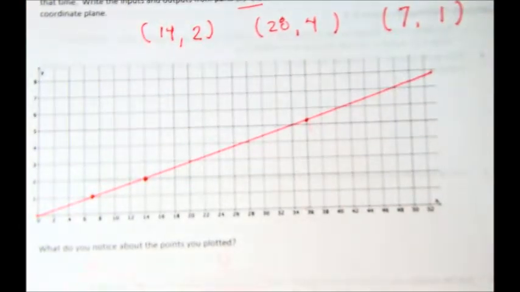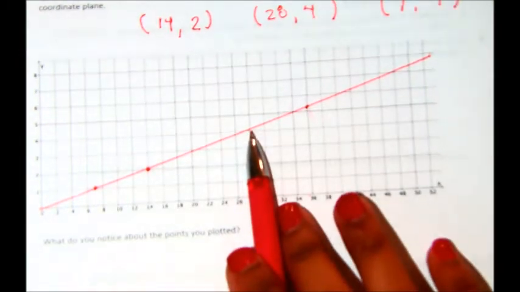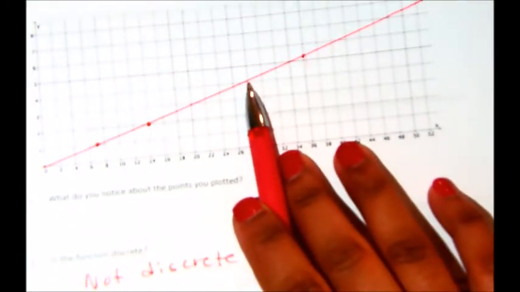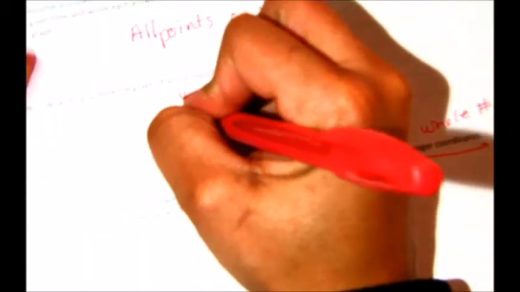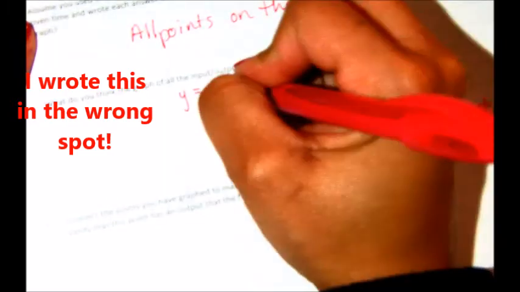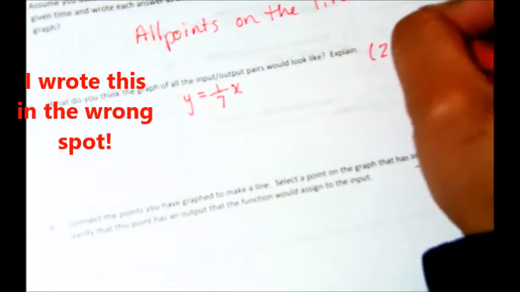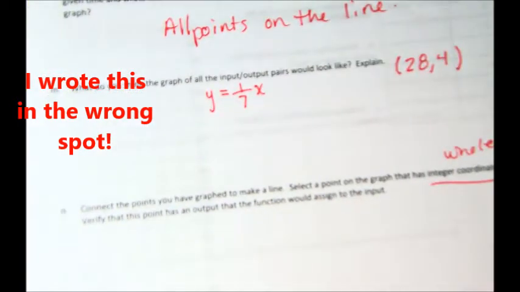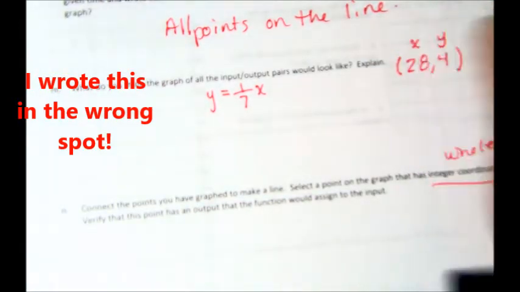I'm going to examine my graph, and I see 28 and 4 as a pair of integer coordinates. So I'm going to write my equation as I've been given, knowing that I'm trying to verify 28 and 4. What would my equation look like substituting in my given x and my given y?